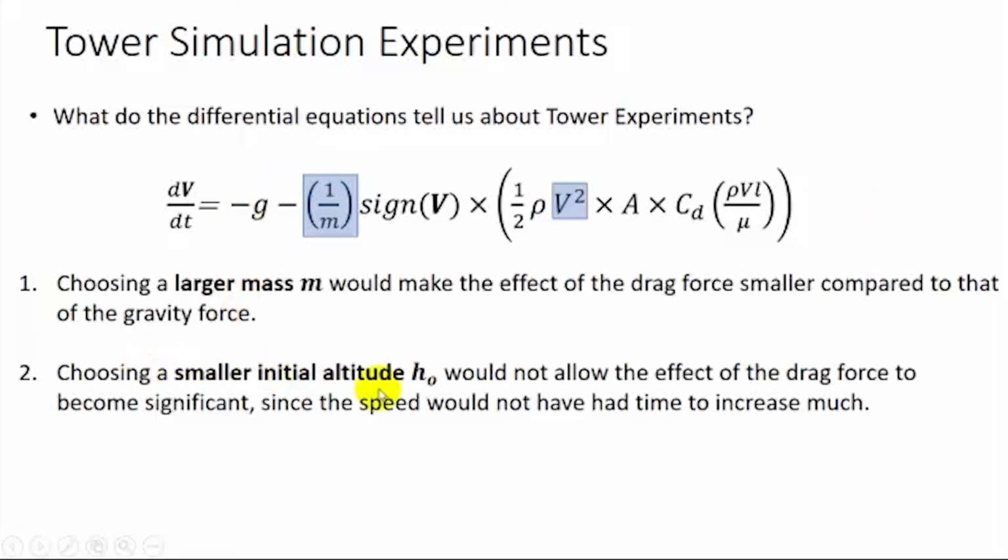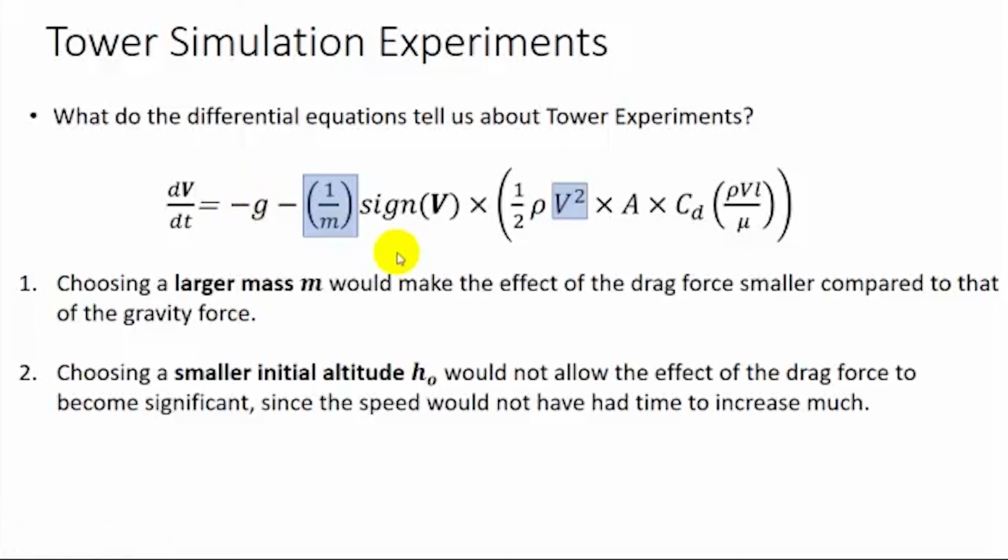Also, choosing a smaller initial altitude would not allow the effect of the drag force to become significant, since the speed would not have time to increase much. Therefore, this term, the v squared, would not have increased a lot, and therefore would have kept the aerodynamic resistance force smaller, again not disturbing the acceleration of gravity.